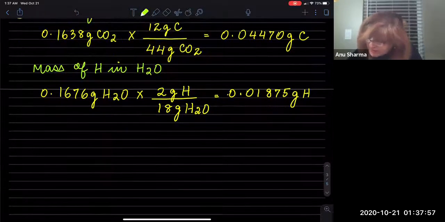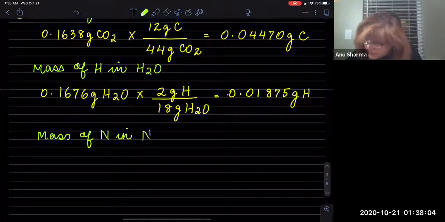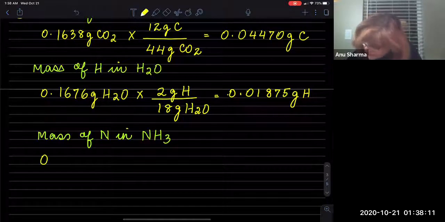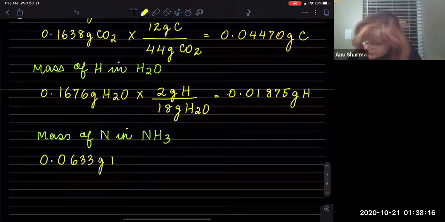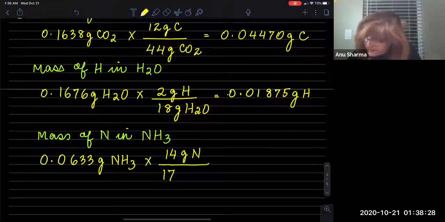Okay, next is the mass of ammonia. So next comes the mass of nitrogen in the given sample of ammonia. So we have now here 0.0633 grams of ammonia. This is what we obtained from the furnace, and that is containing 14 grams of nitrogen present in 17 grams of ammonia.